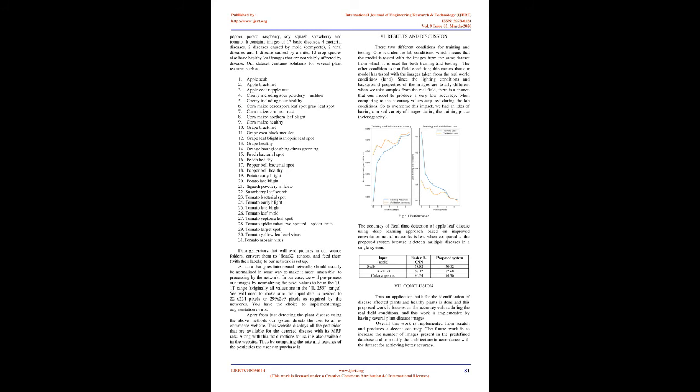Peach bacterial spot, 16. Peach healthy, 17. Pepper bell bacterial spot, 18. Pepper bell healthy, 19. Potato early blight, 20. Potato late blight, 21. Squash powdery mildew, 22. Strawberry leaf scorch, 23. Tomato bacterial spot, 24.